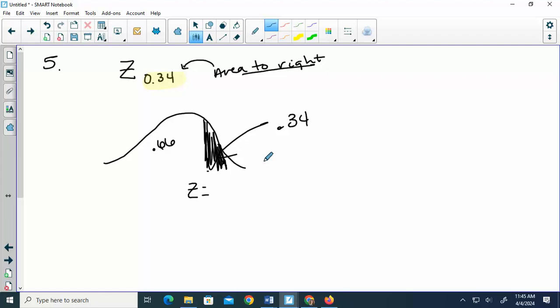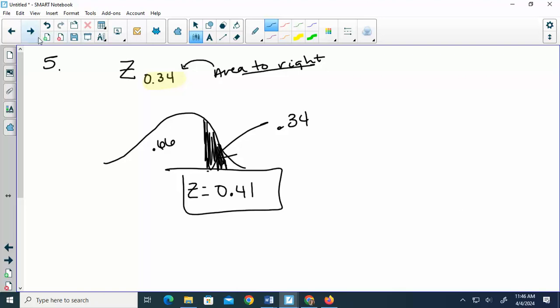So you are finding as close as we can get to 0.66. So we have a 0.6591 and a 0.6628. So 0.6591 is closer, and that is at 0.41. So we found the Z value, so that 34% of the area is to the right of that number. Is that okay?